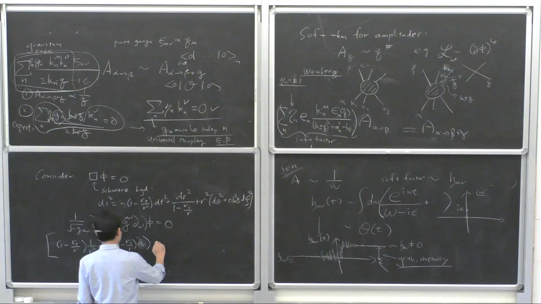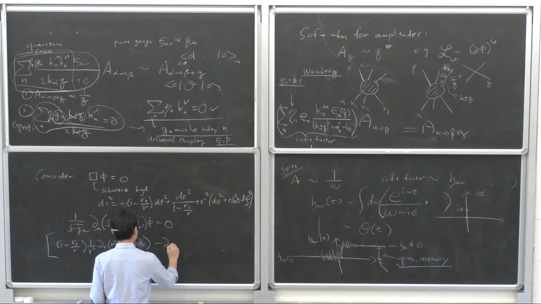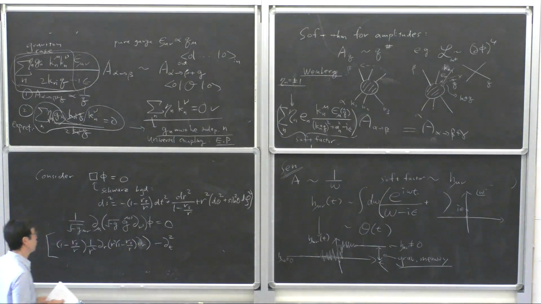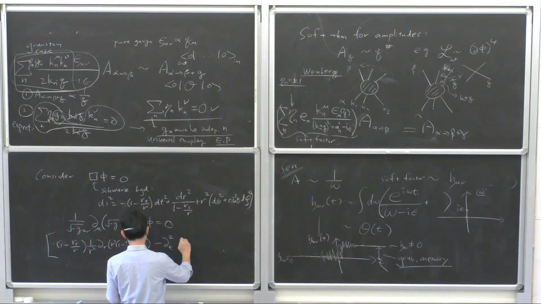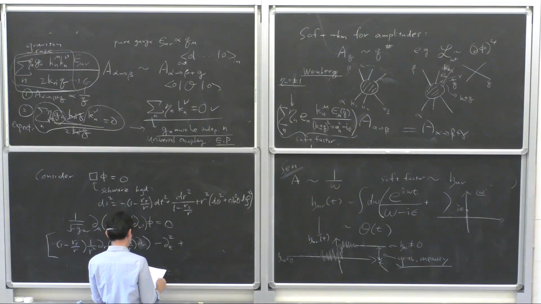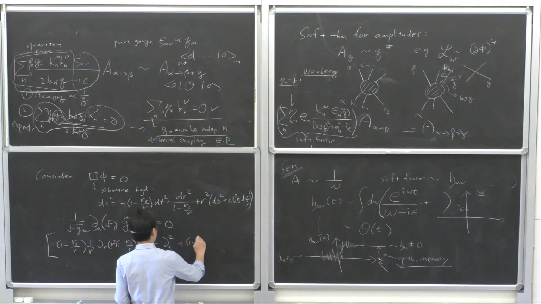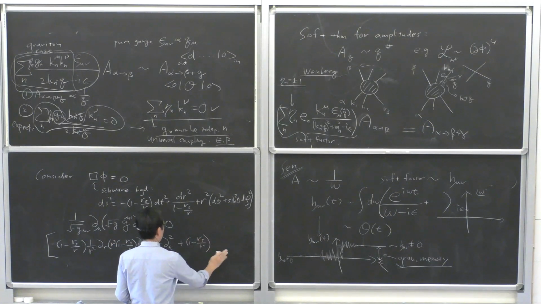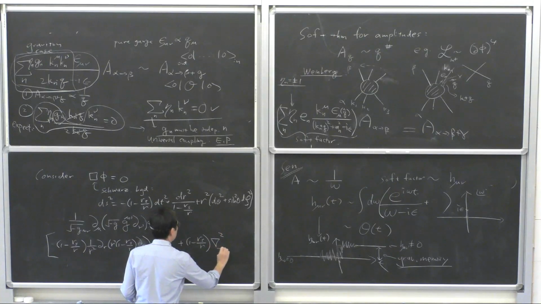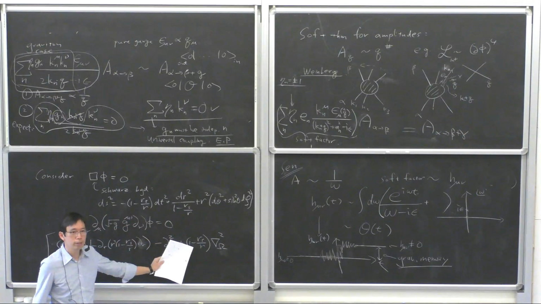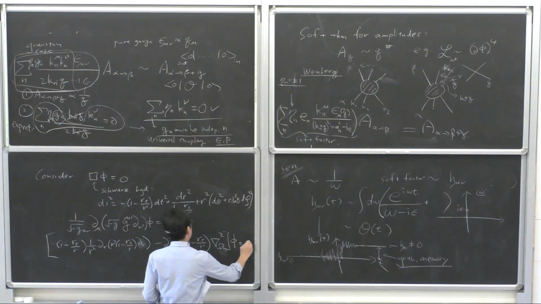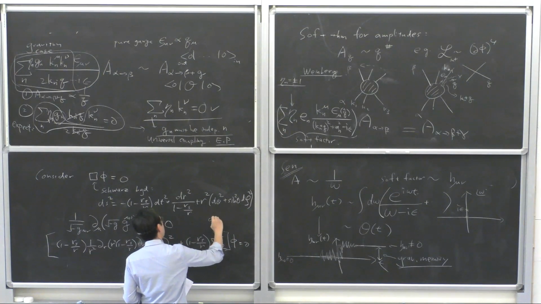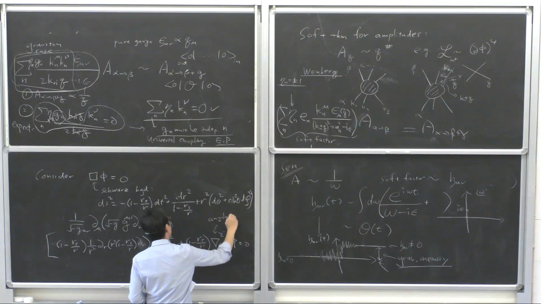I hope I didn't mess up. The time derivative now, because of the way I shuffled the factor, is just dt squared. And then finally, there is this part, which is plus the angular Laplacian. I hope you understand what that means. Acting on phi equals 0. So this is the Laplacian on the two sphere.